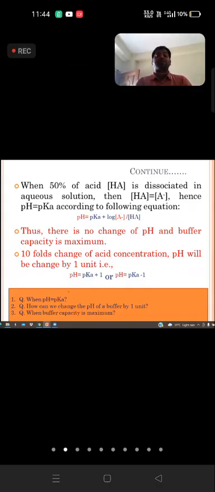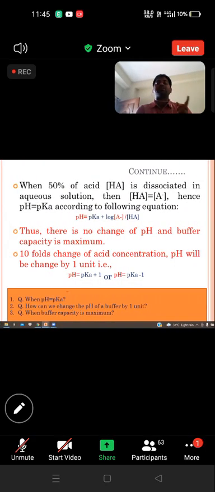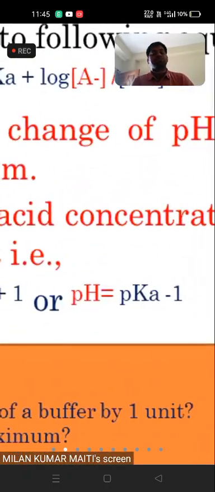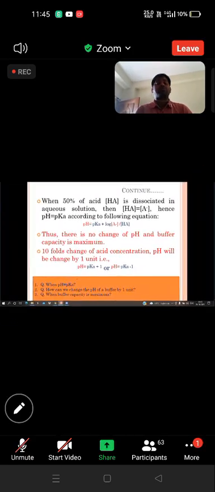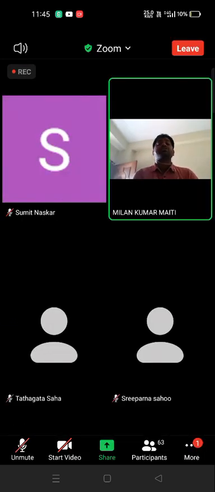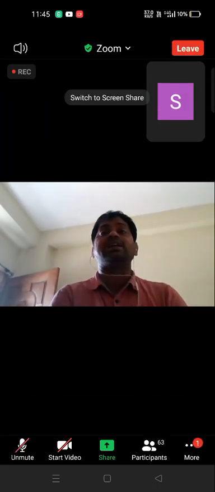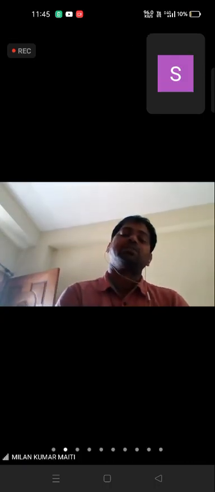That means pH equal to pKa. Or when 50% of the acid is dissociated, then concentration of weak acid and its conjugate base become equal, and at that time pH becomes equal to pKa.